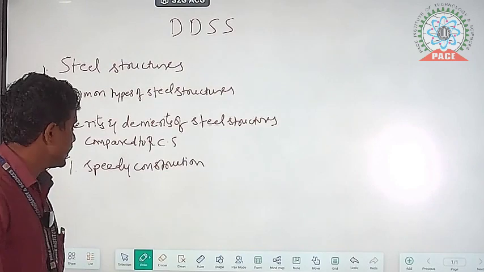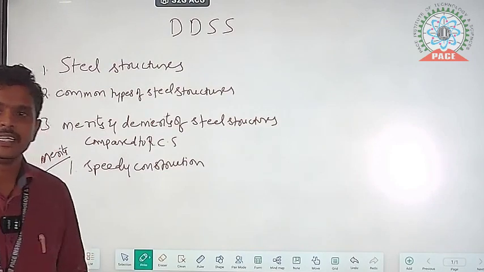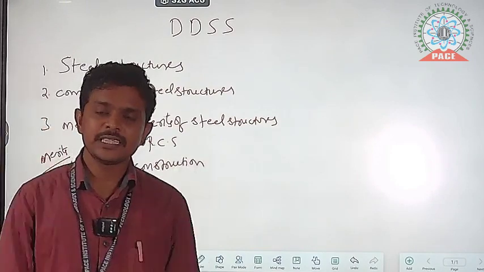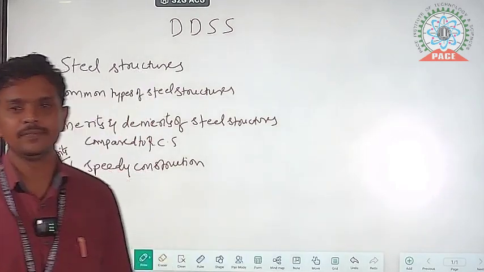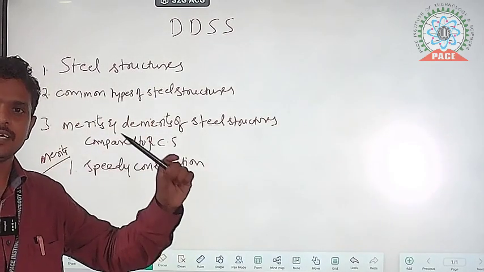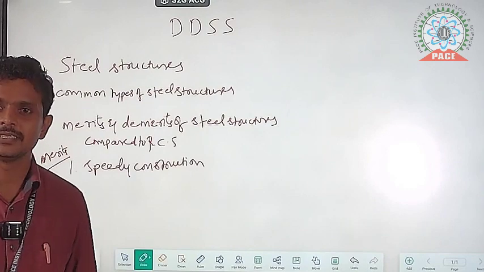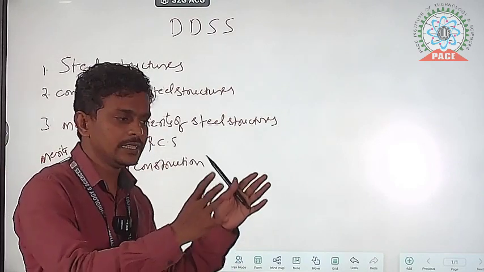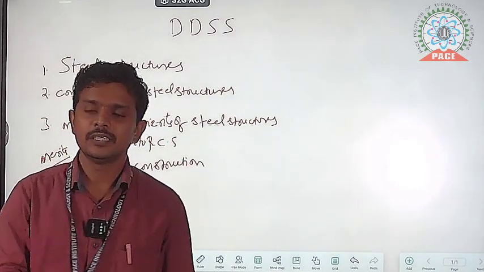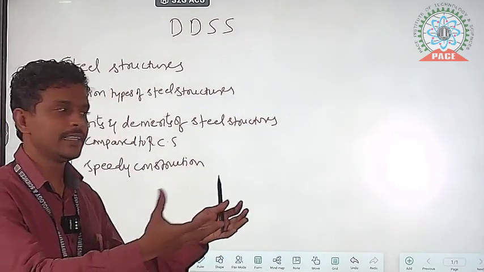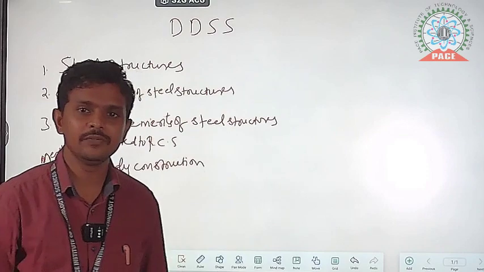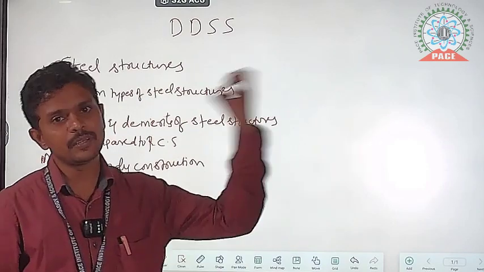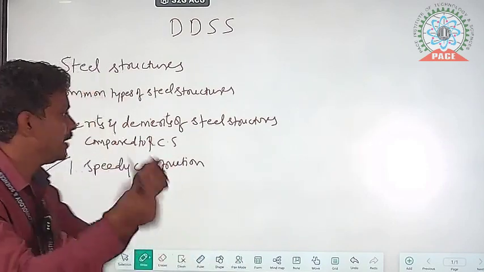But if we do the steel structures, different types of sections are already available in the market. For example, beams are already available, steel columns are already available. So we can take directly whatever length we need from the market, then we have to place it.